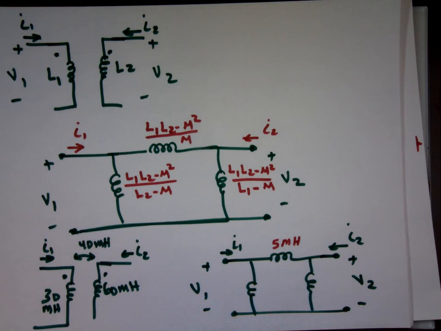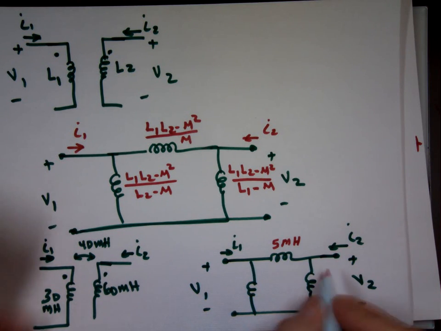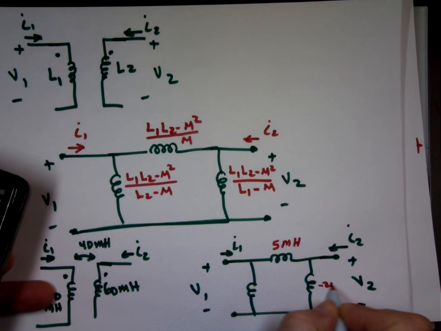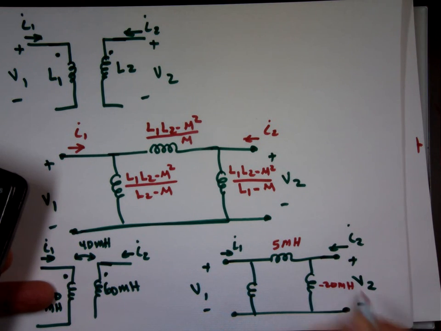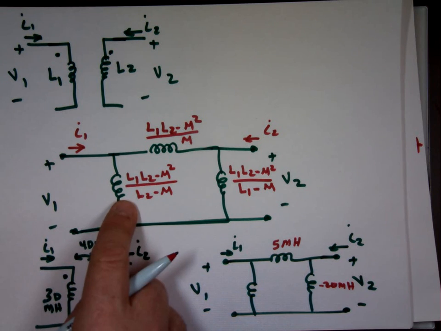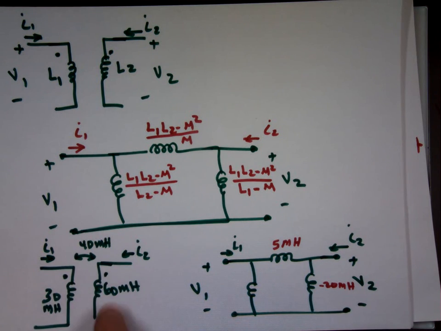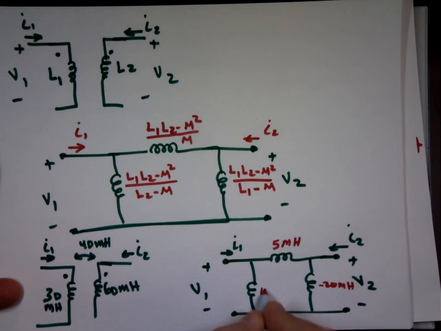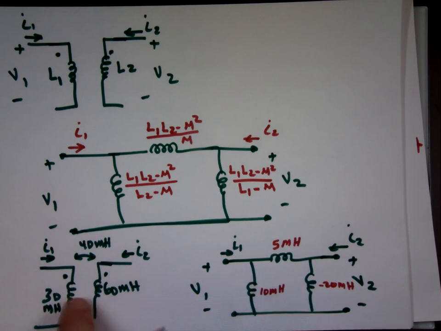This will be a negative 20 millihenry. And this one will be what? 200 divided by 60 minus 40, which is 20. 200 by 20, that's 10 millihenry. So that's the equivalent of this one. So instead of dealing with mutual inductance, you can drop it and use this one.